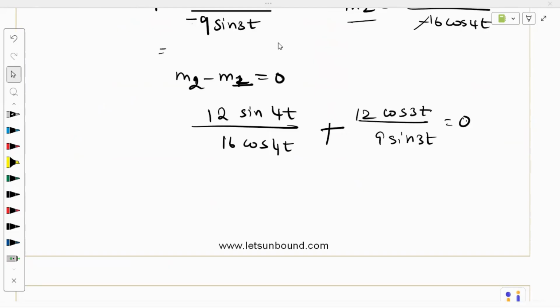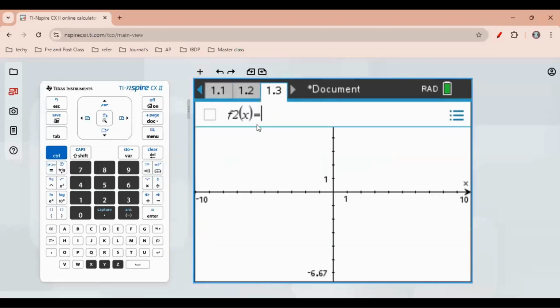Here we go. Let's go for another graph. Okay, I got this fractional form.